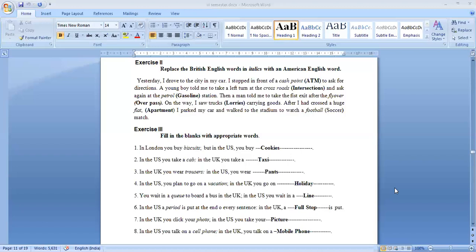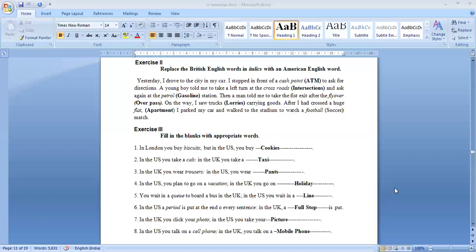Generally, there will be flyovers, so on the road we will have a flyover above that road. So that person suggested I take the first exit of the flyover.